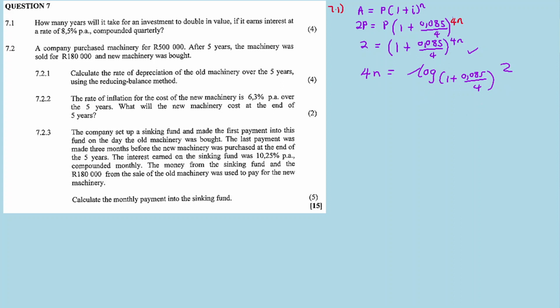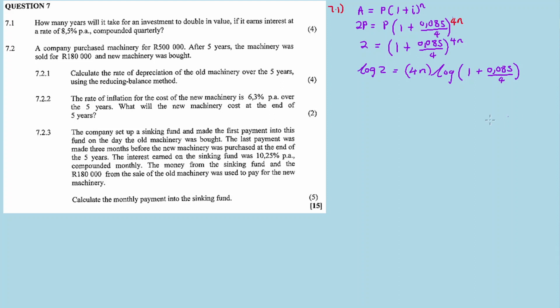But mina, I like doing this. Apply log on both sides of the equation. So it's log 2 equal to log, and when you apply log la, the exponent drops. Then it's log 1 plus 0.085 divided by 4.